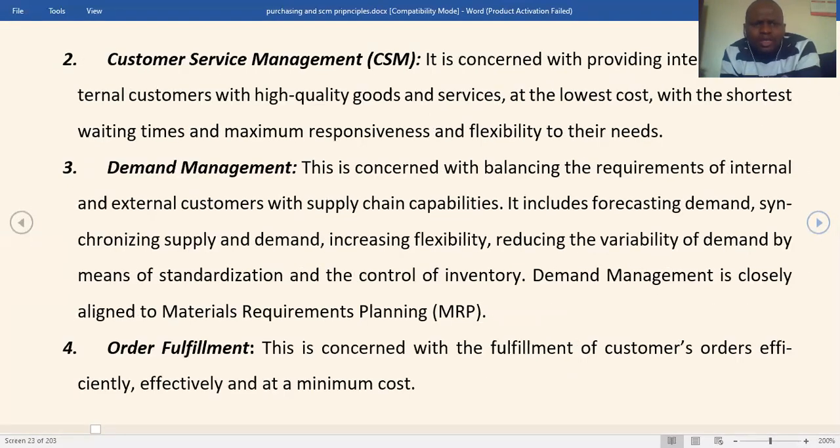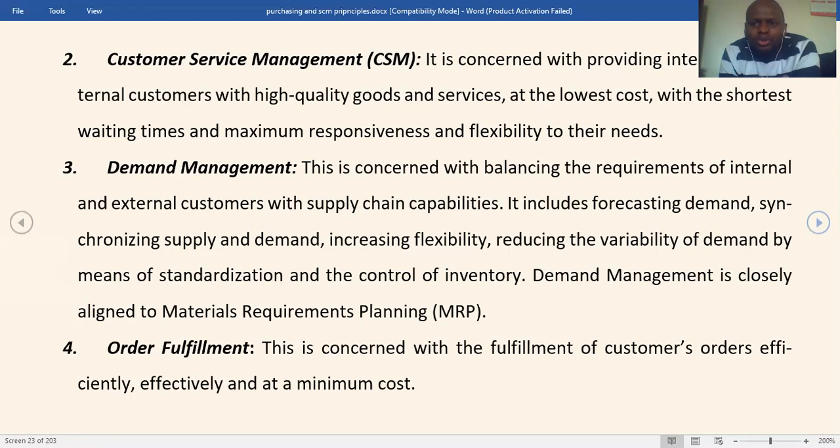The other important aspect is customer service management. This is concerned with providing internal and external customers with high quality goods and services at a lower cost, with the aim of maximizing your profits and maximizing your responsiveness and flexibility to their needs. So you're able to ensure your customer is able to get high quality goods and services.